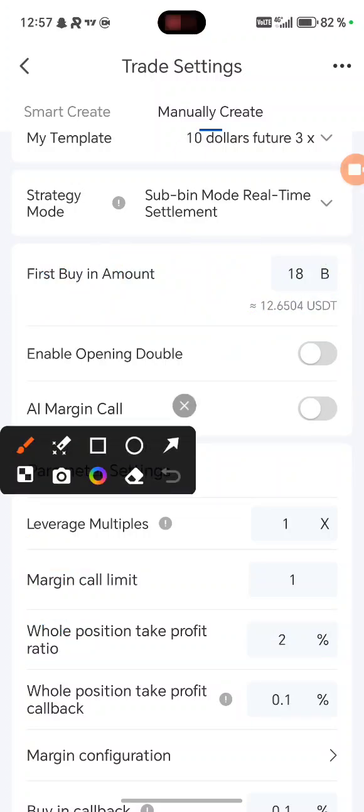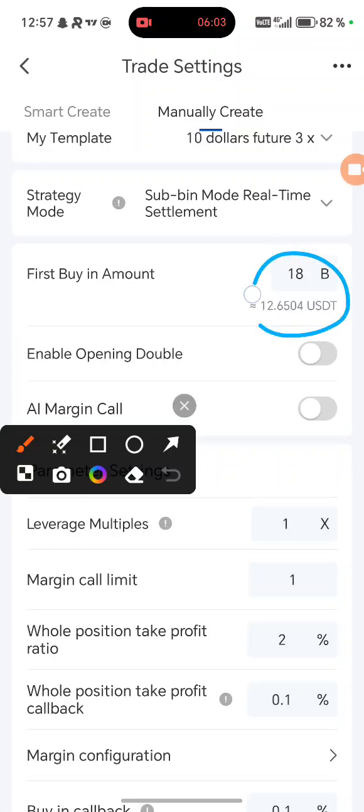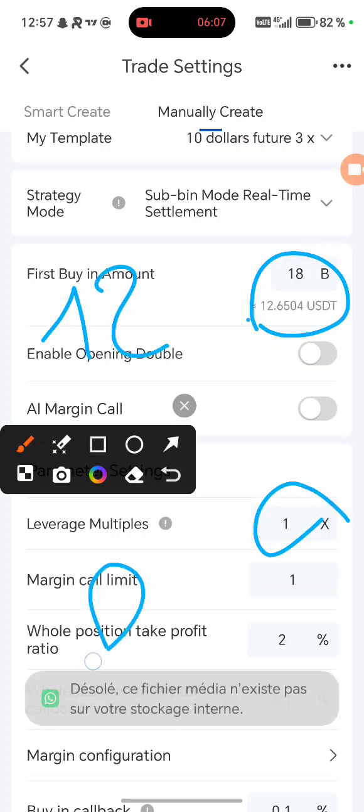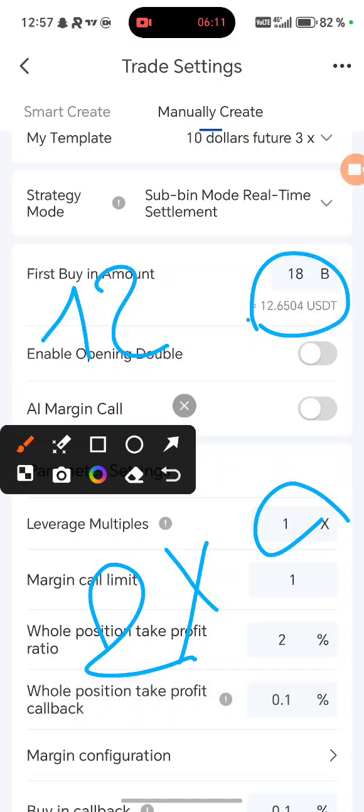But if I don't increase here and I leave this $12 here while putting 2x, then the robot will divide this amount into 2. That is how the leverage works. That is how the robot does the work on the leverages.